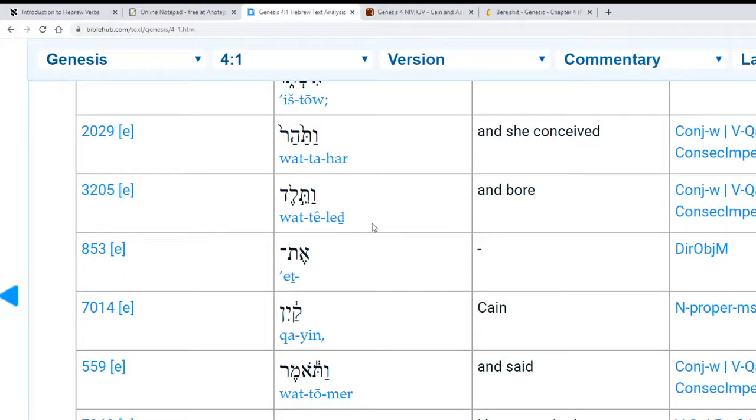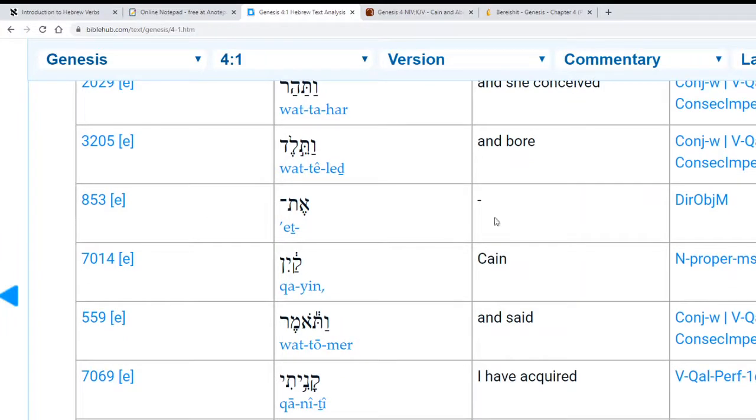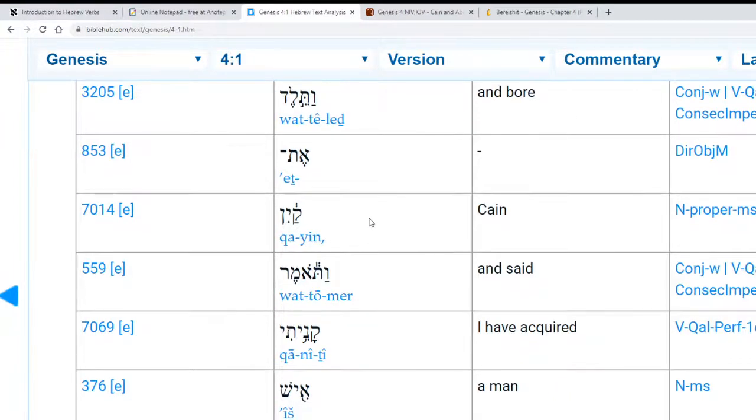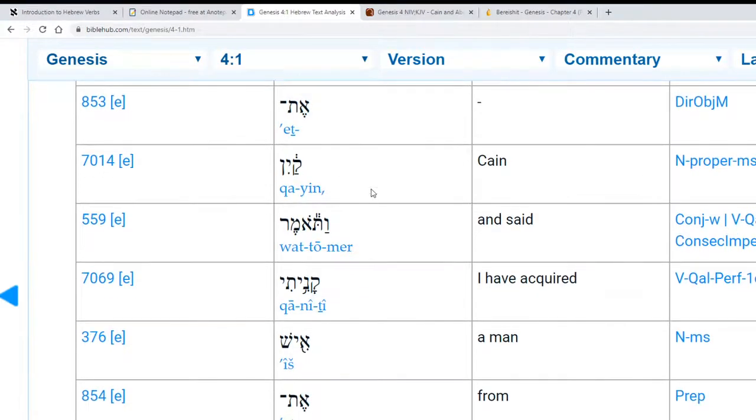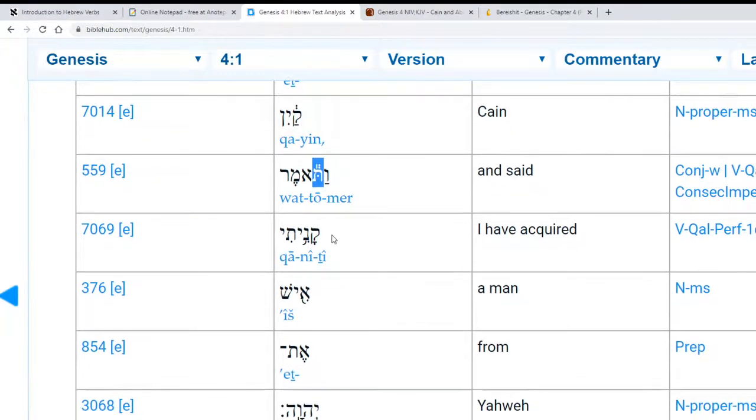Okay, but teled, right? Et Qayin, right? Direct object marker et. Qayin, this is the first time we have the name Cain, right? It's Qof Yud Nun. Vatomar, conjunctive vav. And she said, the tav here at the beginning of the Amar, Aleph Mem Resh, we've had many times, is telling you it's in the imperfect, feminine, singular.